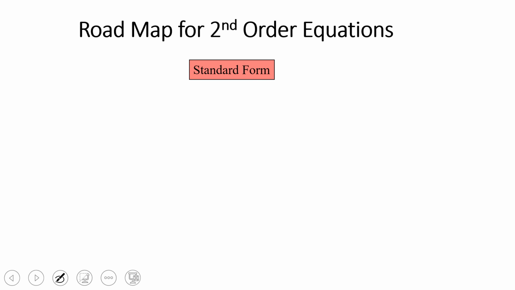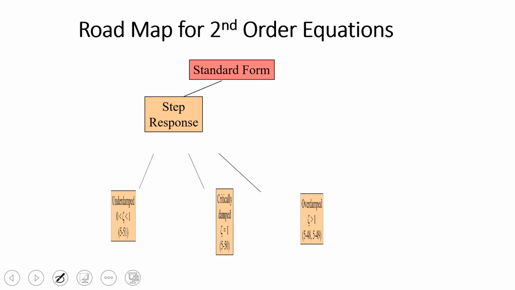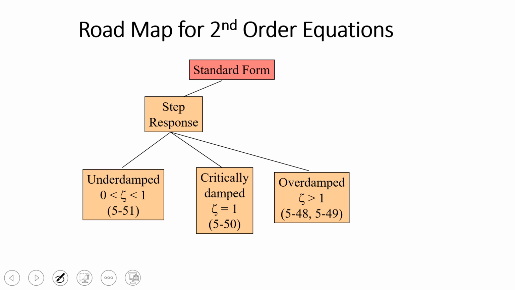Here's a roadmap for second order equations. When we have a standard form and a step response, we need to determine if it's underdamped, critically damped, or overdamped. These equations here, 5.51 and 5.50, are for underdamped.